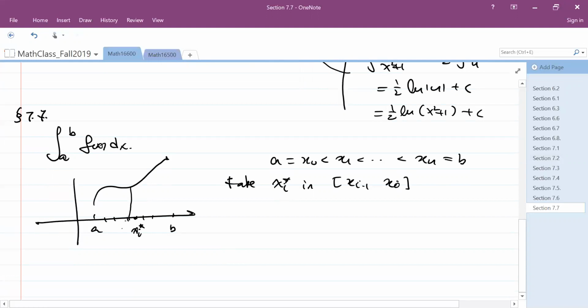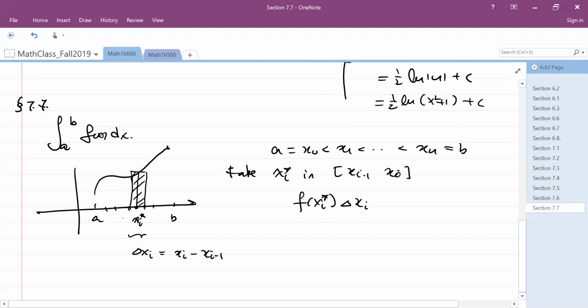Then I look at the value of this. I consider the product f of xi star times the size delta xi, where delta xi is xi minus xi minus 1. If the function is positive, the geometric meaning of this product is the area of that piece.